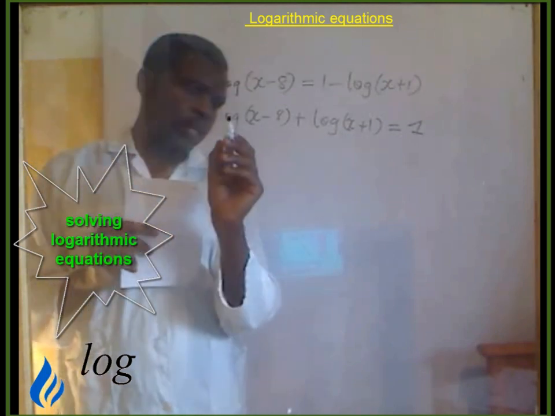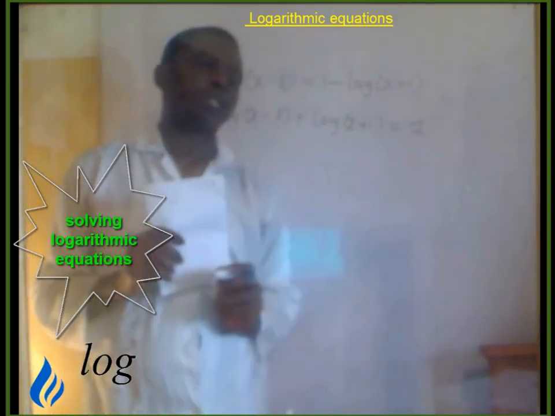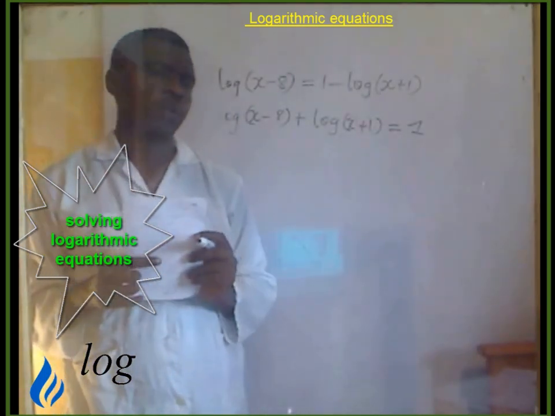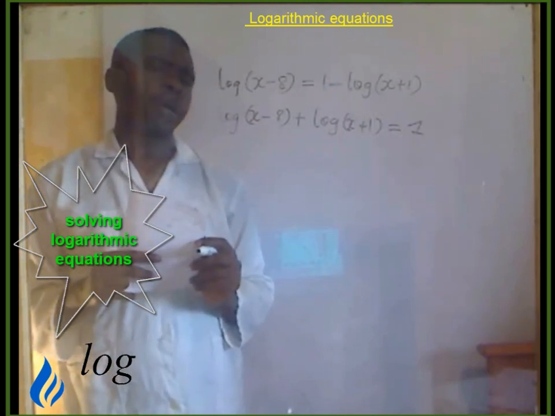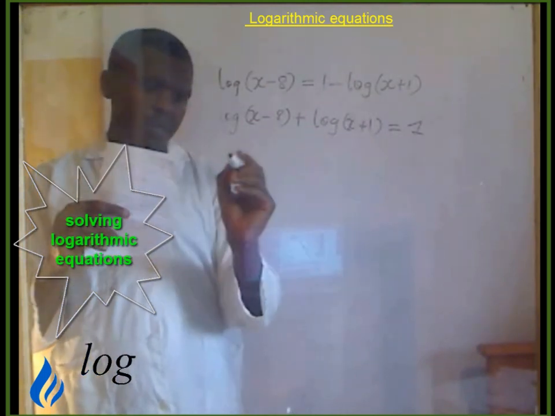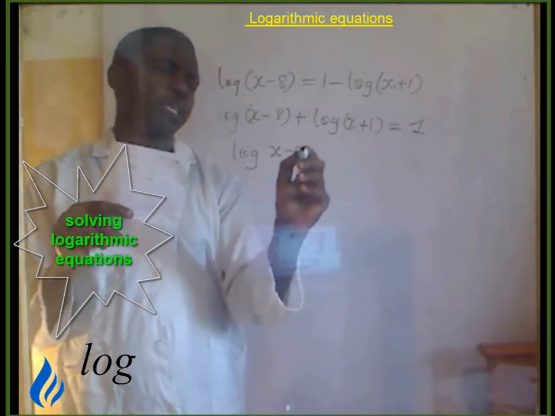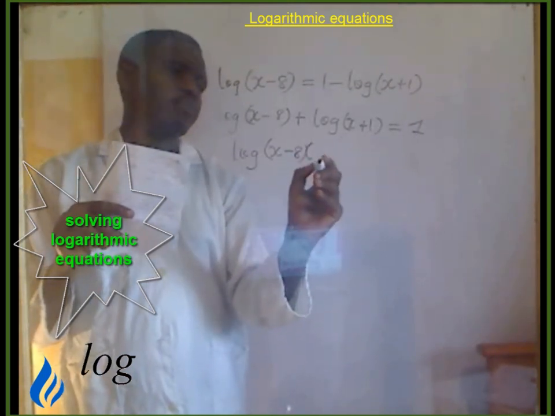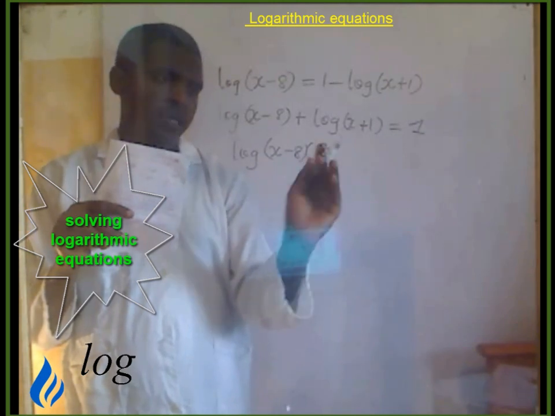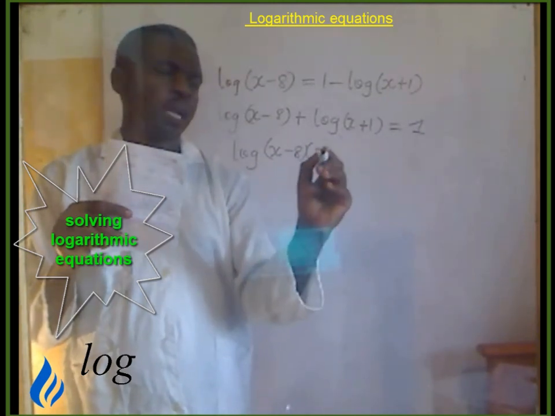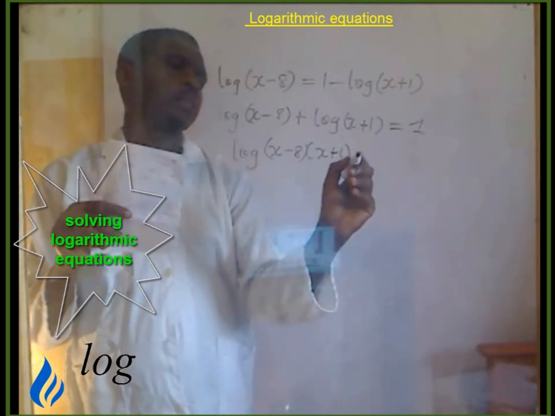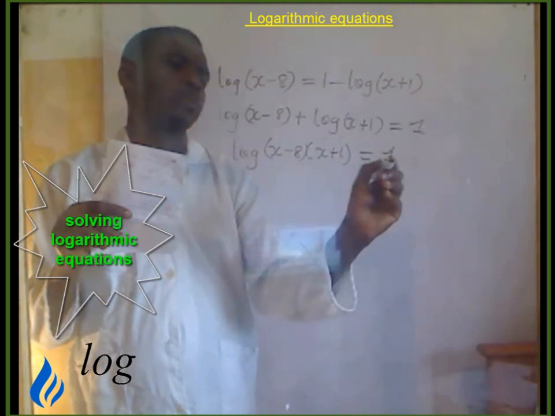Now, here I'm adding two logarithms, and remember the laws of logarithms: adding logs means multiplying the two numbers. This will give us logarithm of x minus 8 times x plus 1 is equal to 1.